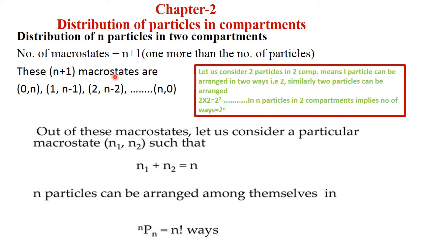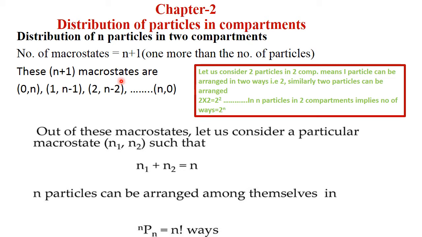This is how we calculate the number of macrostates, which is the specification of the number of particles in each compartment, because a macrostate is the specification of the number of particles in each compartment.